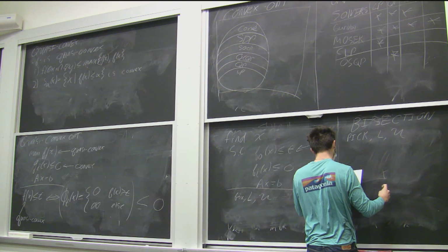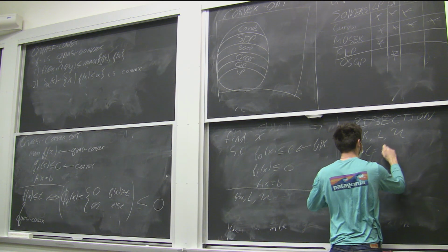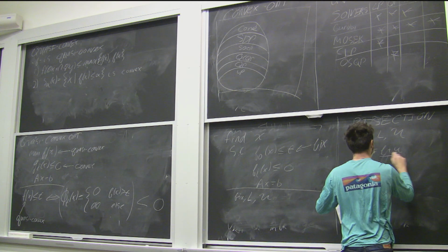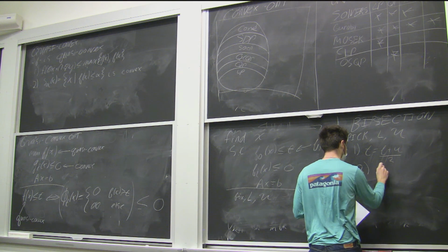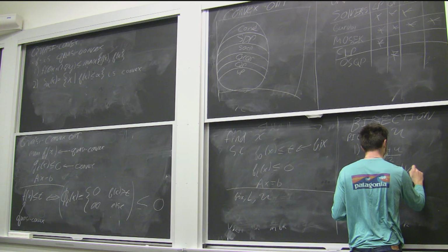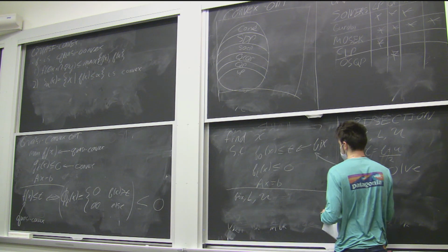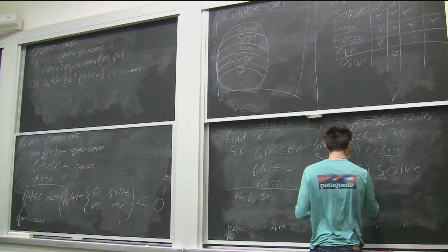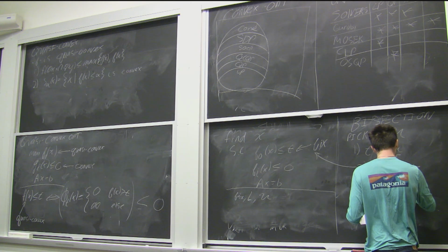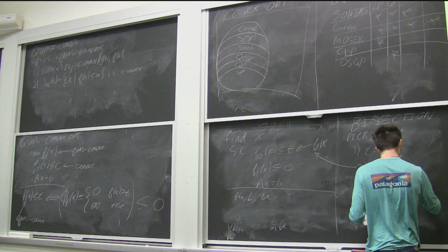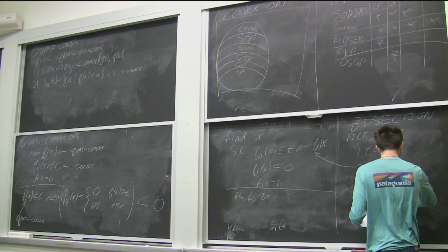So you pick an L and a U. You solve this problem. And then, if feasible, well, then I know I can decrease the upper bound to t.